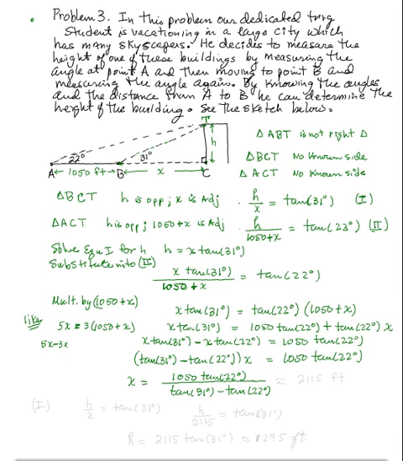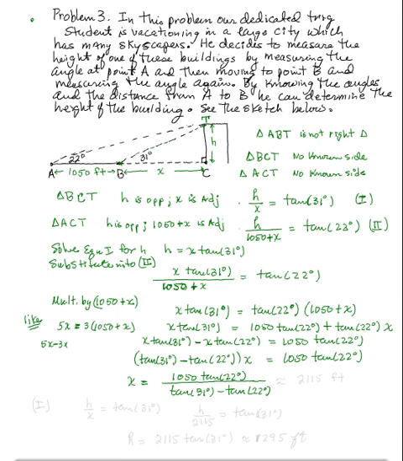Now, you may have chosen to solve this by going back up here at the top equation and using your calculator to find out what decimal number the tangent of 31 degrees is and what decimal number the tangent of 22 degrees is. That would have looked more comfortable perhaps, and you certainly are welcome to go that way. The disadvantage is you have to copy down those 4-digit numbers over and over instead of just copying tangent of 31 and tangent of 22.